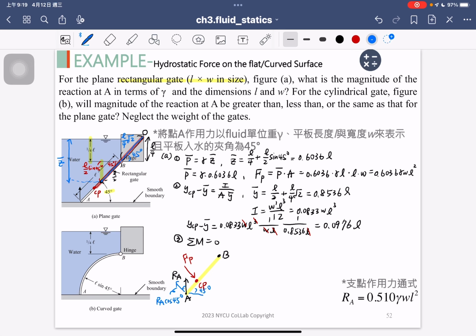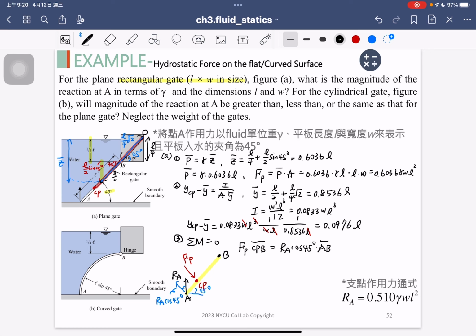Then the moment balance is FP multiplied by the distance CPB, which will equal RA cosine 45 degrees multiplied by the AB length, based on the balance between the positive moment and the negative moment.